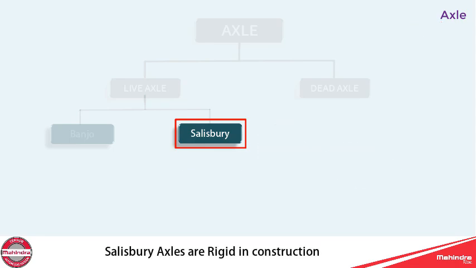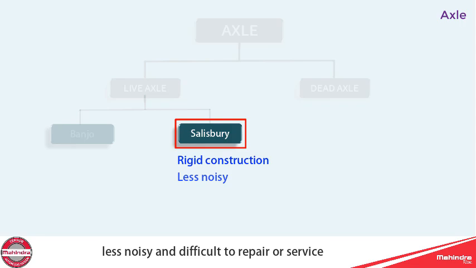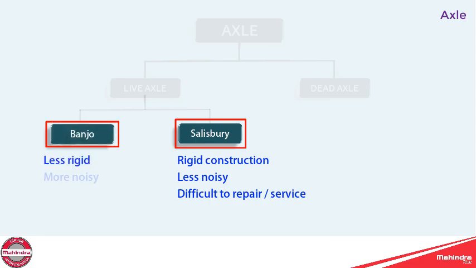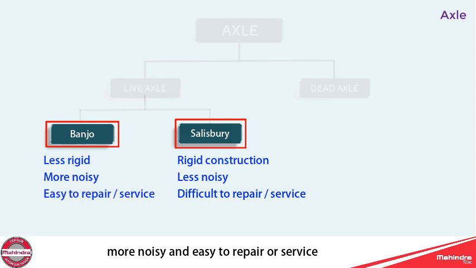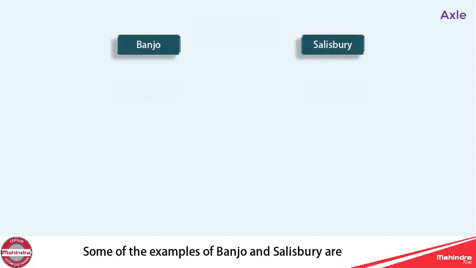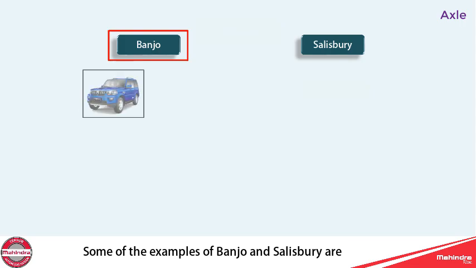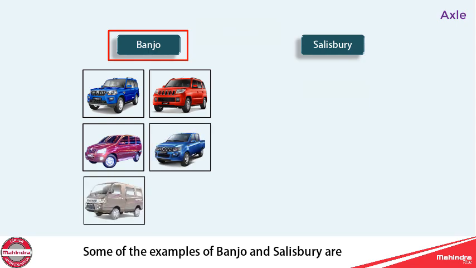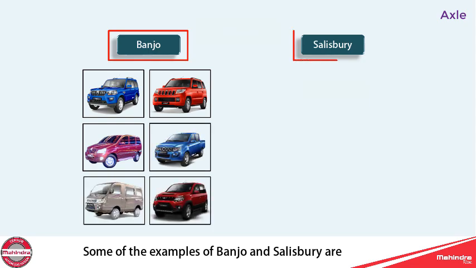Salisbury axles are rigid in construction, less noisy and difficult to repair or service, whereas Banjo axles are less rigid, more noisy and easy to repair or service. Some of the examples of Banjo and Salisbury are Scorpio, TUV 300, Xylo, Imperio, Jito and Neo Sport.